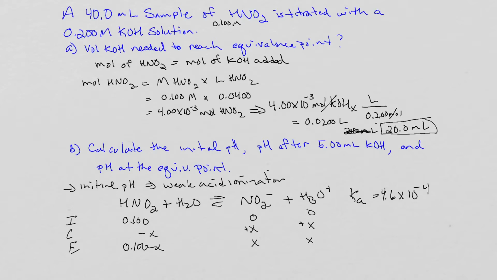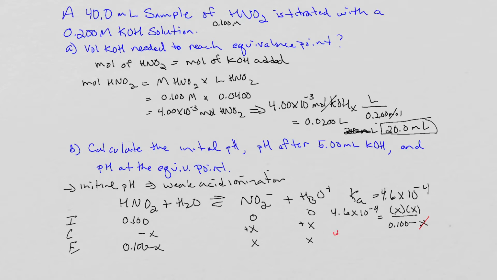So if we then go to solve this, we get our Ka, 4.6 times 10 to the negative fourth, is equal to x times x over 0.1 minus x. Now we are going to do the x small approximation.